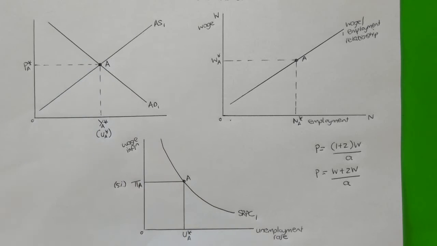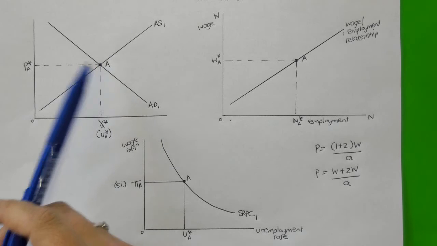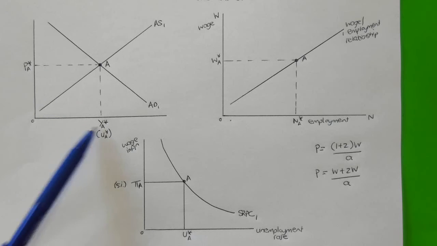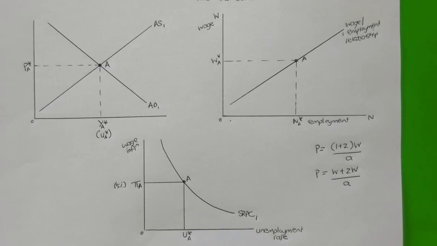Diagram 1 is the standard aggregate demand and aggregate supply curve diagram. Equilibrium is where aggregate demand equals aggregate supply, and it allows us to establish the equilibrium price level and the equilibrium level of output. Moving to the bottom one, because it's the familiar one, we have the short-run Phillips curve.